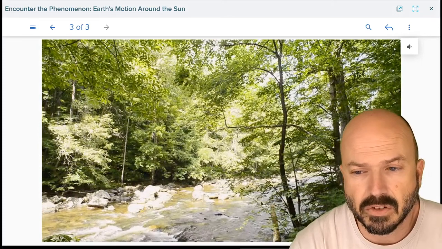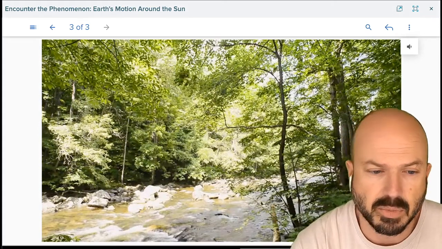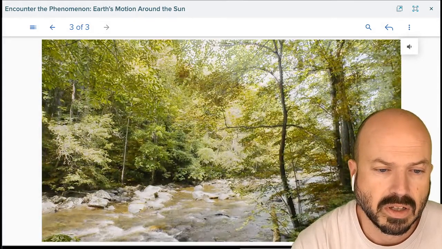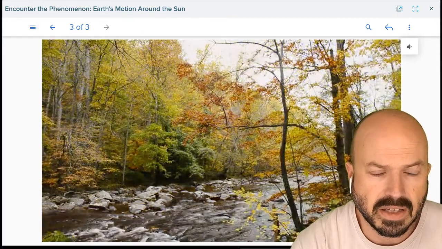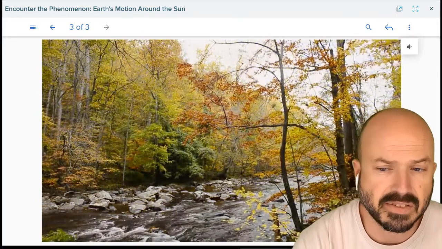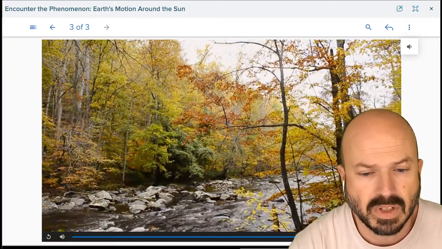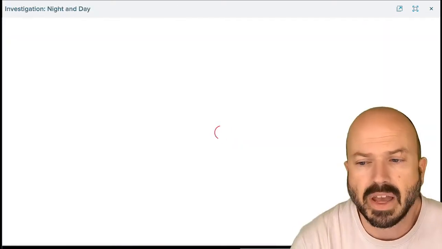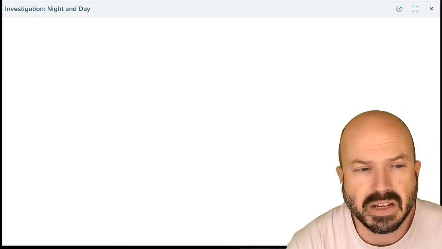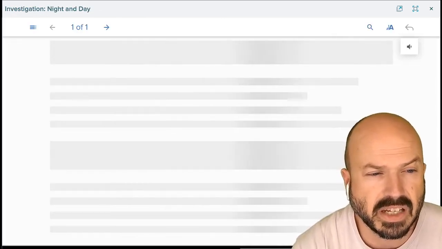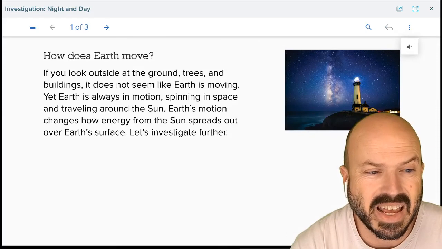The trees are fully leafed out. It's beautiful. Oh, and the leaves are starting to fall, which means it's fall. How nice. Okay, we're going on to the next assignment, which is our investigation, night and day.